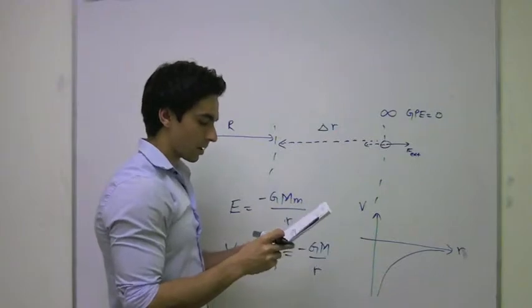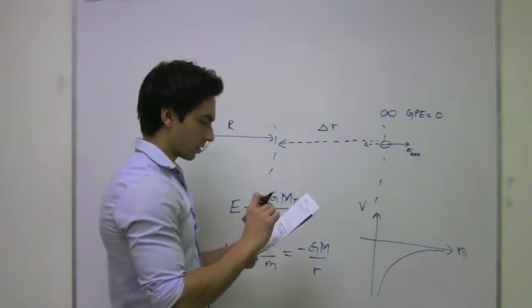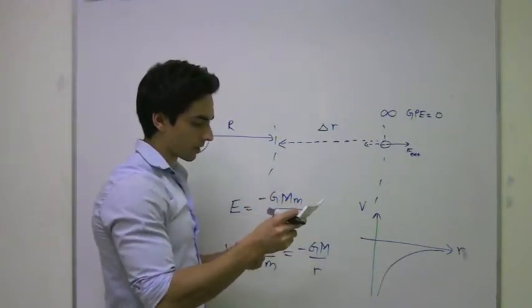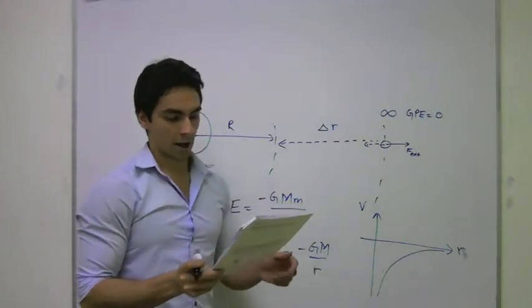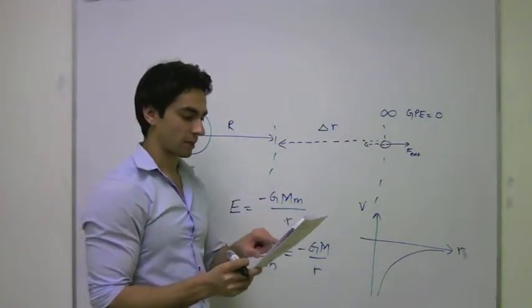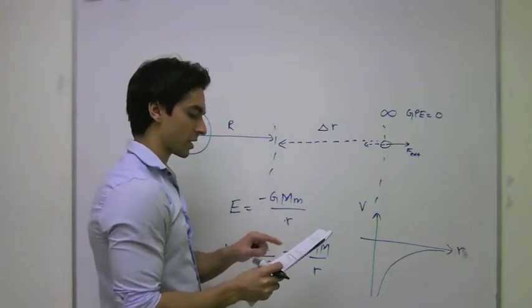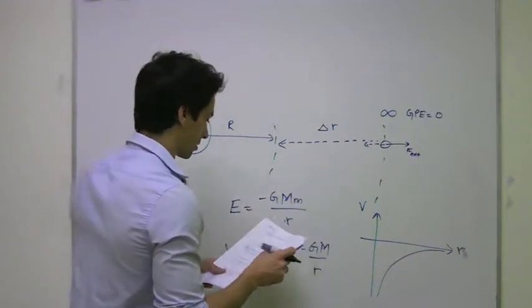Now, in the next part, 9.2.3, you have to state and apply the formula relating gravitational field strength to gravitational potential gradient.